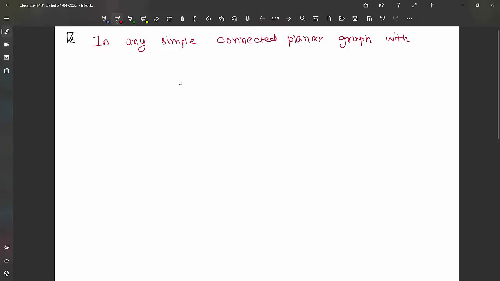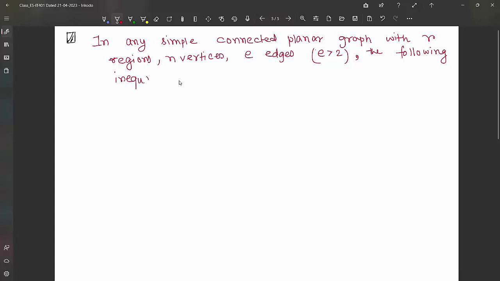In any simple connected planar graph with R regions, n vertices, and e edges, where e is greater than 2, the following inequalities must hold.